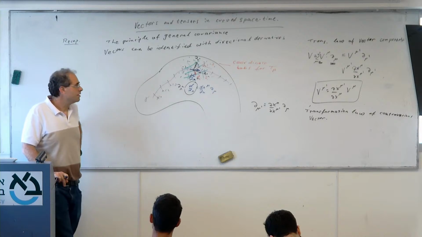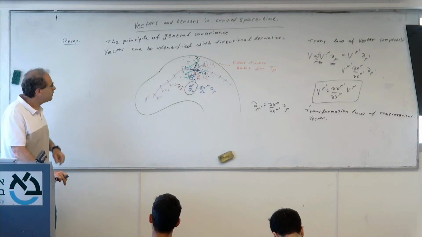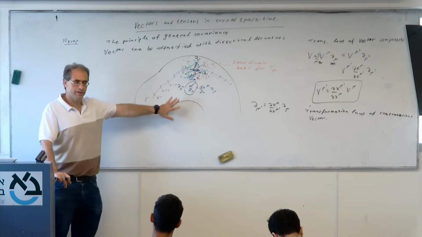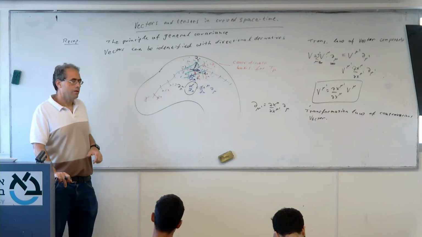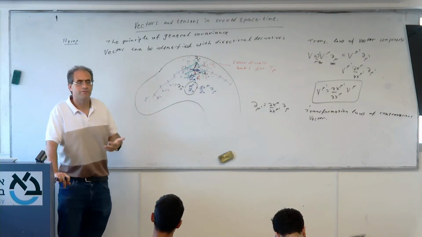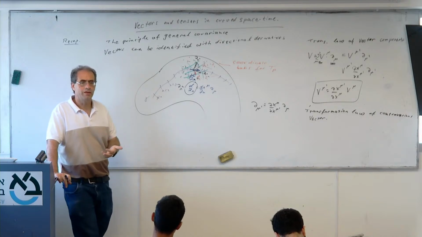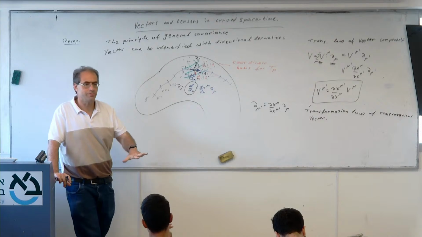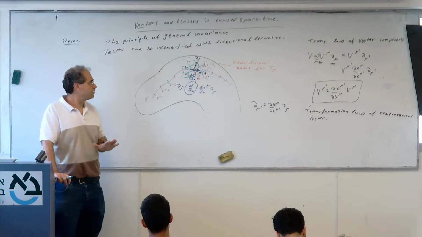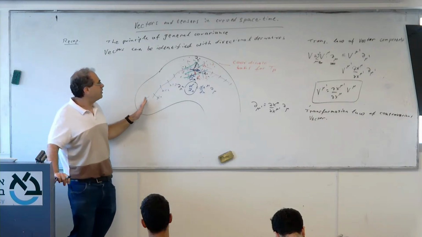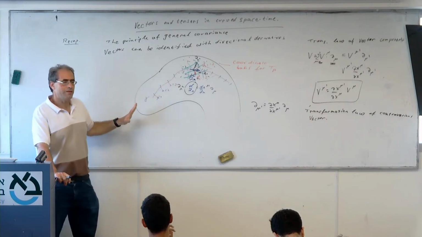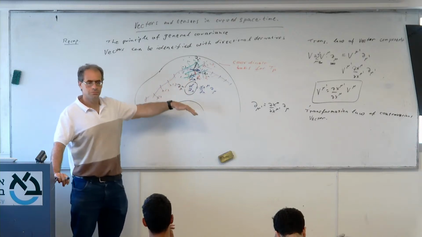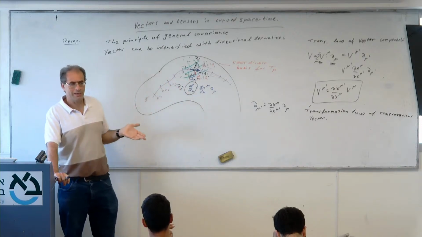I just said that when we are talking about vectors on a curved space, the problem was how to define a vector on a curved space in a way that is completely intrinsic to the space. I cannot leave the space. I'm limited to the space, and the only thing that I can do that is intrinsic to the space is to put curves along the space. This is something which I'm allowed.